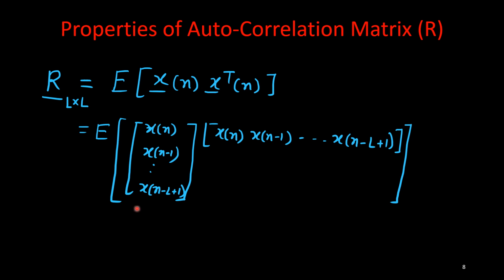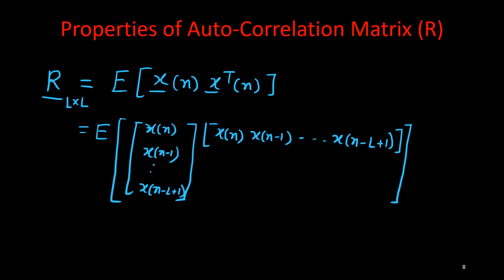Its transpose will obviously become a row vector. So xn is a column vector and x transpose n is a row vector. The R matrix is the expected value of xn and x transpose n.